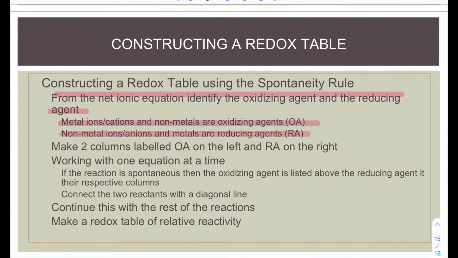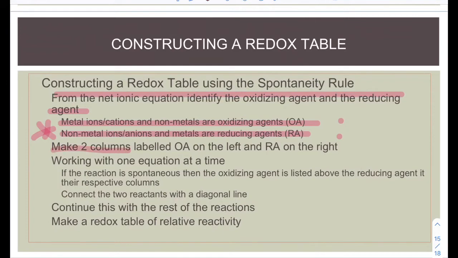You can always write these two half reactions, right? A metal becoming a metal ion, or a nonmetal becoming a nonmetal ion. You can just write those half reactions out quickly, balance your electrons, and figure out really quickly if you've got an oxidizing or reducing reaction, and therefore an oxidizing agent or reducing agent, if you can't memorize these, which is fine. You don't need to memorize those. Just know how to write the half reactions out and identify oxidizing versus reducing.